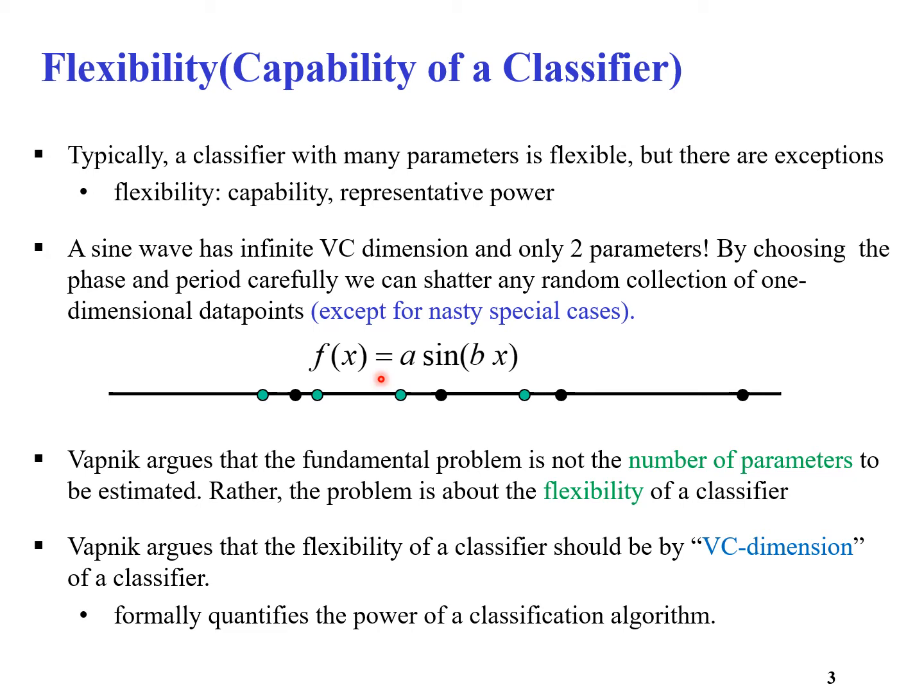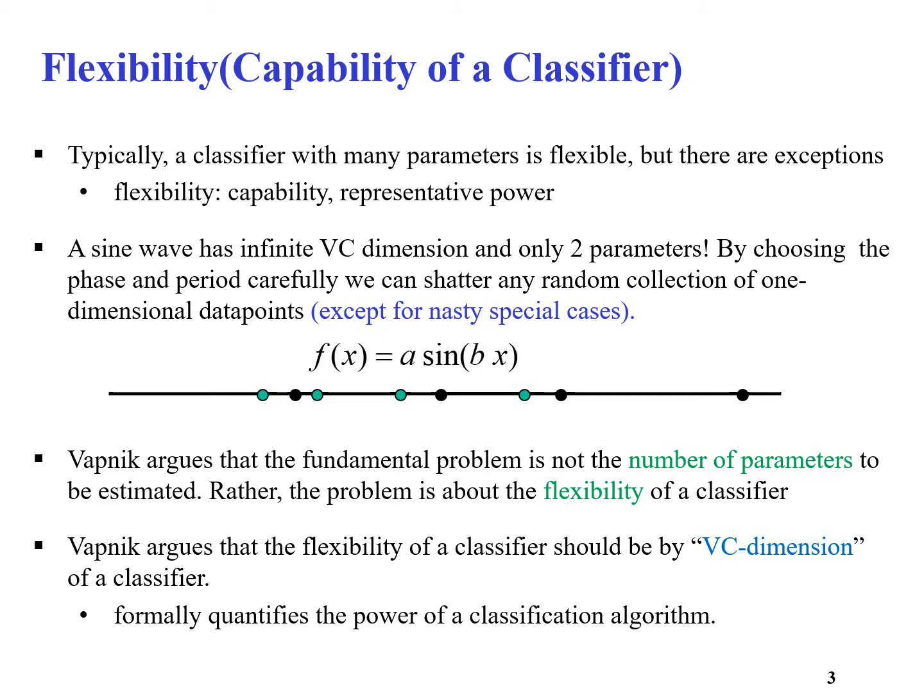Then what else do we have? Vapnik says it's not the number of parameters which determines the flexibility of a classifier. We have something else, and it is called the VC dimension. So instead of the number of parameters, the flexibility of a classifier is determined by its VC dimension.